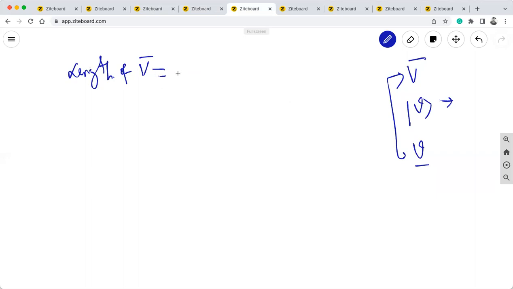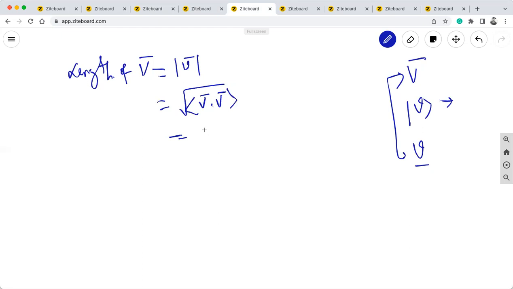So this is the modulus of v, which is the square root of the inner product of v with v. This is the description by inner product space, where I am not assuming how many orthogonal bases there are. That's why I'm taking the inner product with itself.